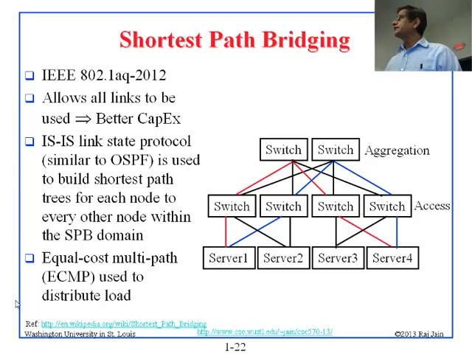There are two paths here. From server 1 to server 4, you can go by the red path, or you can go by the blue path. And you will use both. Half of the packets, but not that you send the first packet here and the second packet there, because that would cause confusion. If the links are not the same distance or same congestion, some packets will arrive out of order.